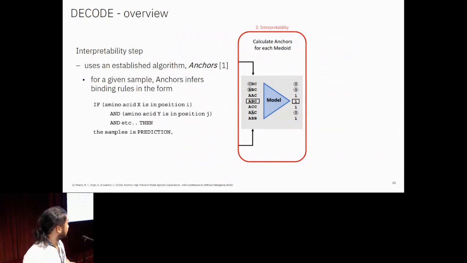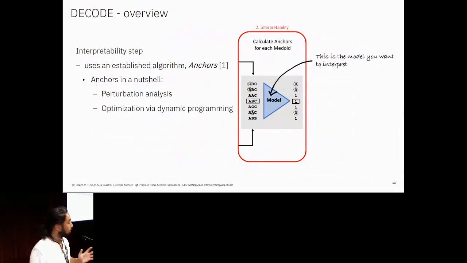So, why this prototype was classified in a certain way, either binding or non-binding, right? And the rules basically can be understood in this sense. So it's going to say, if a certain amino acid is in a certain position and another amino acid is in another position and so on, then the sample is going to be predicted by the model in this way.